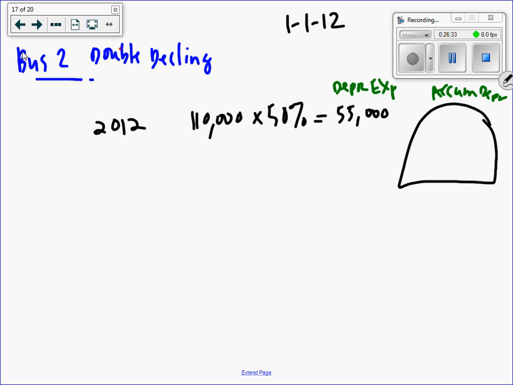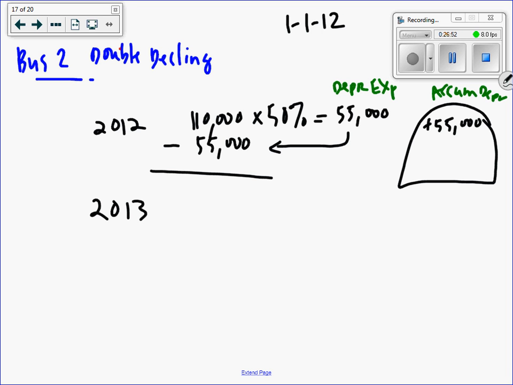In the first year, it's an addition of 55,000. Now, before I can move on to 2013, what do I have to do? I have to take that 110 minus what it depreciated by, so it'll start the next year at a lower value.